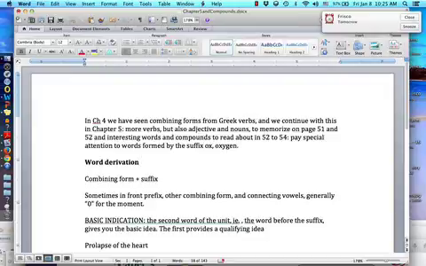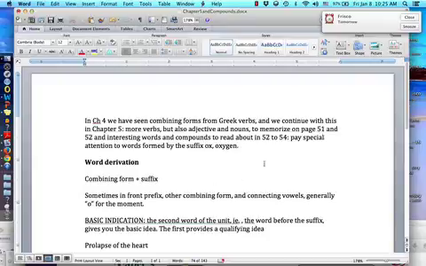Usually at least all the words have a combining form and suffix, and then sometimes they have also a prefix, and sometimes the connecting vowel. There are other connecting vowels, but they are for Latin, for words that are created with Latin nouns. For the moment we have not studied them, so do not worry about those. For the moment, your connecting vowel is O.